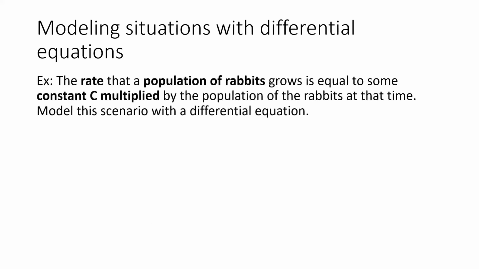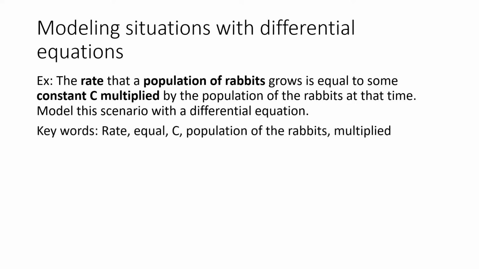Here's an example. The rate that a population of rabbits grows is equal to some constant c multiplied by the population of the rabbits at that time. Model the scenario with a differential equation. Here are some key words: the rate, equal to the constant c, the population of the rabbits, and multiplied.